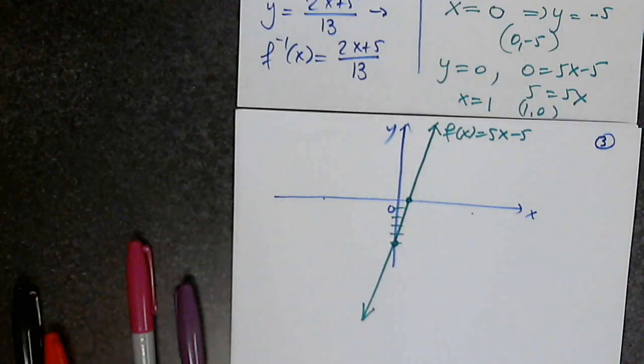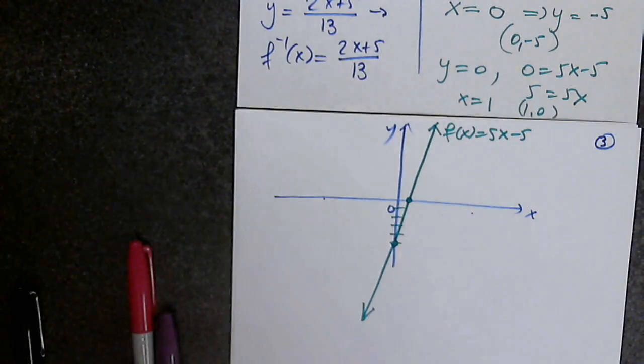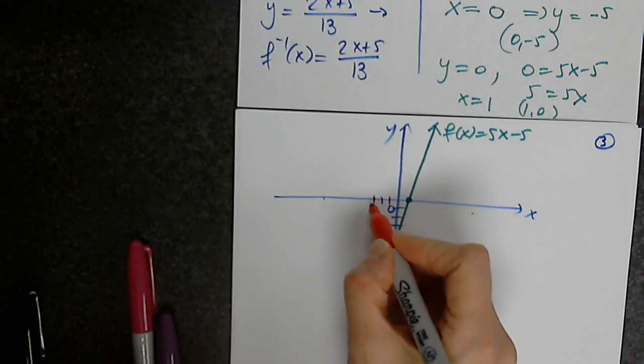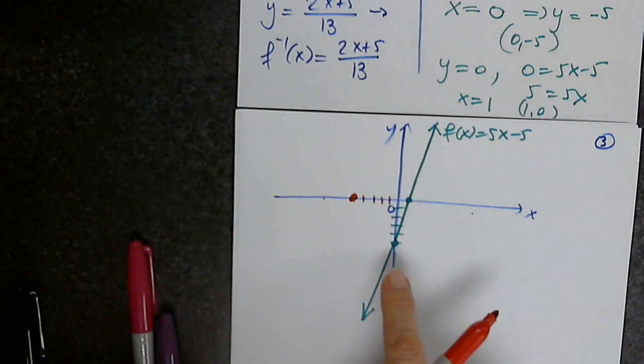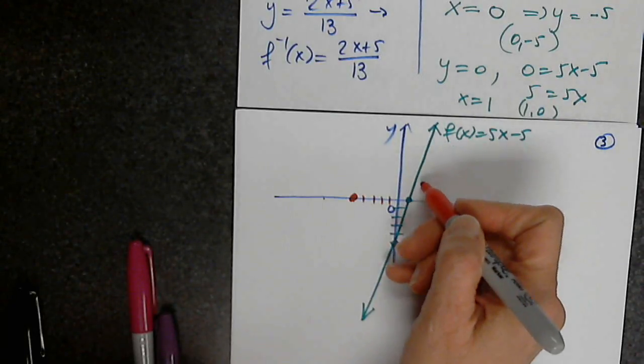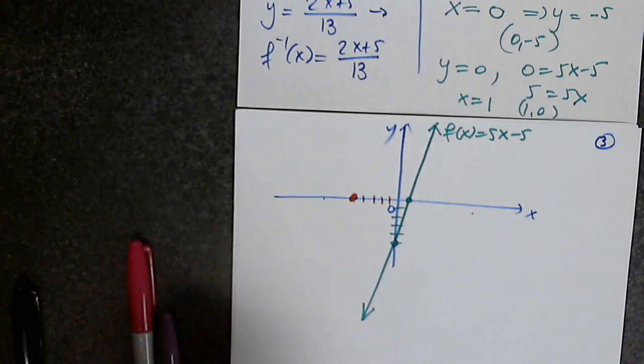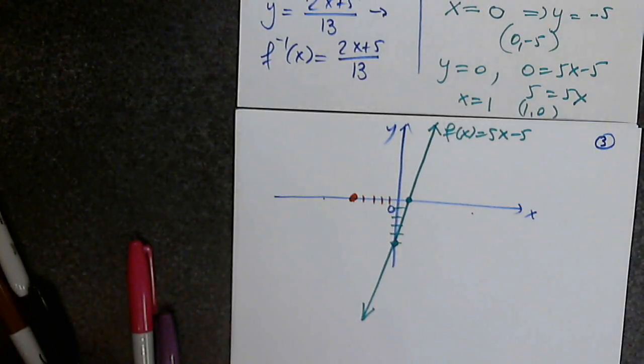Can anyone give us 2 points that we will use to graph the inverse function? Very good. -5 and 0. It's the reflection of this with respect to which line? Y equals x. Indeed. So now at this point I can graph that line.